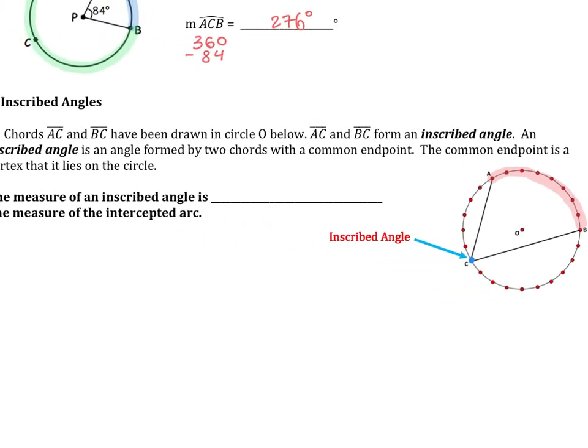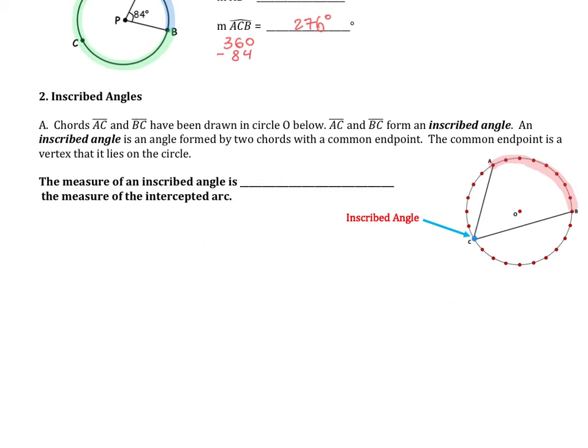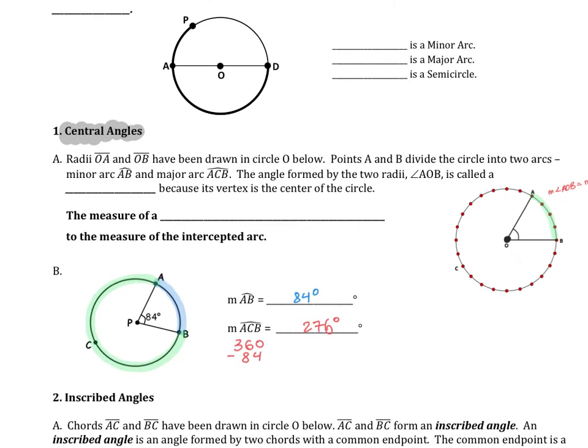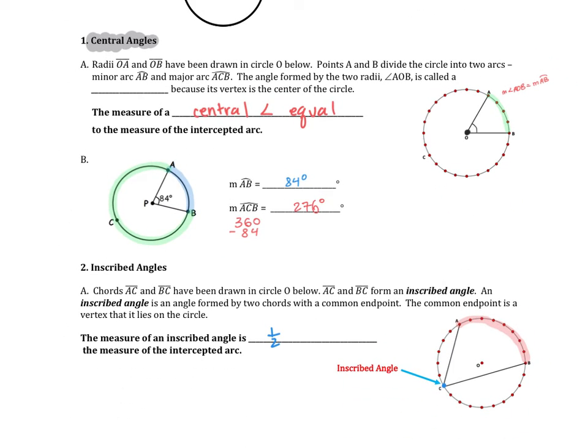So let's write that down, that the measure of an inscribed angle is half the measure of the intercepted arc. And the measure of the central angle is equal to the measure of the intercepted arc. So these are the 2 rules that this lesson covers. Now let's do some practice.